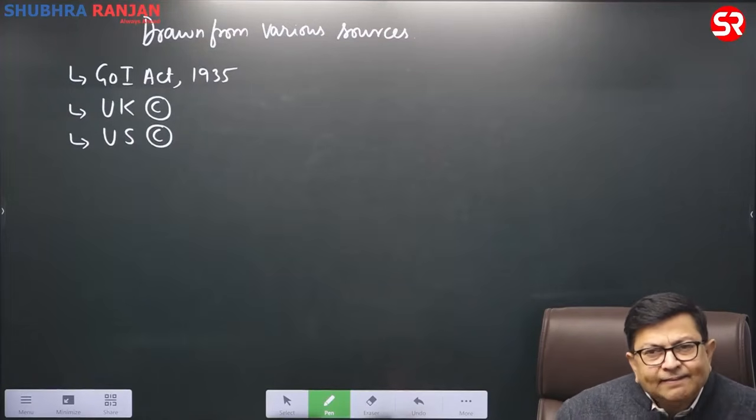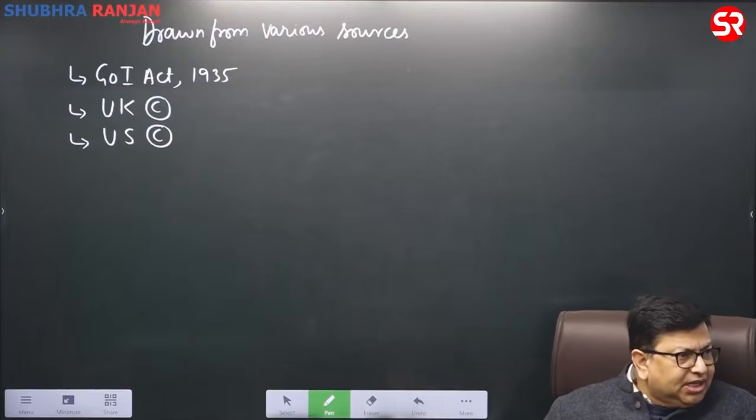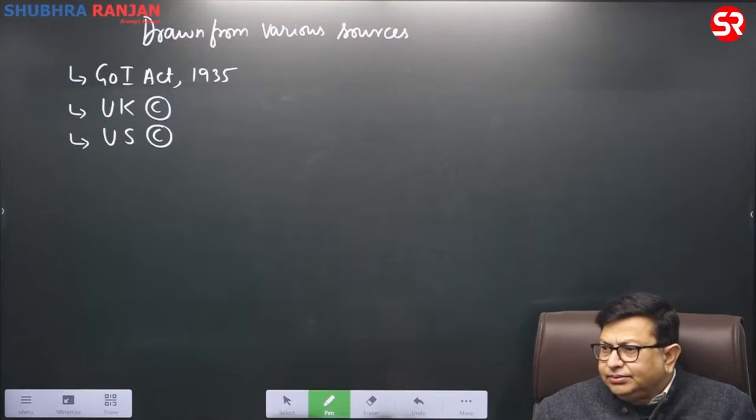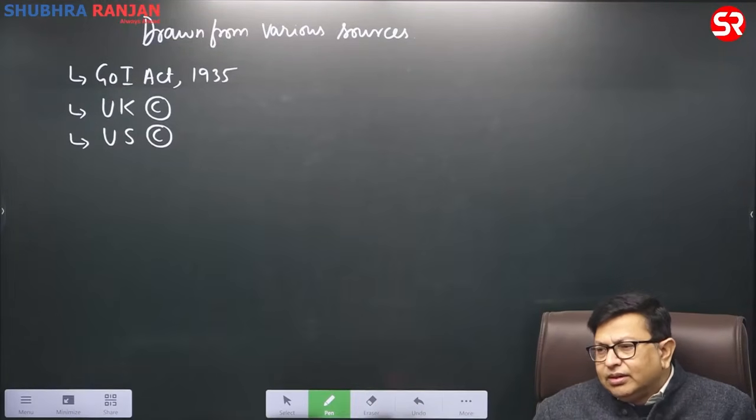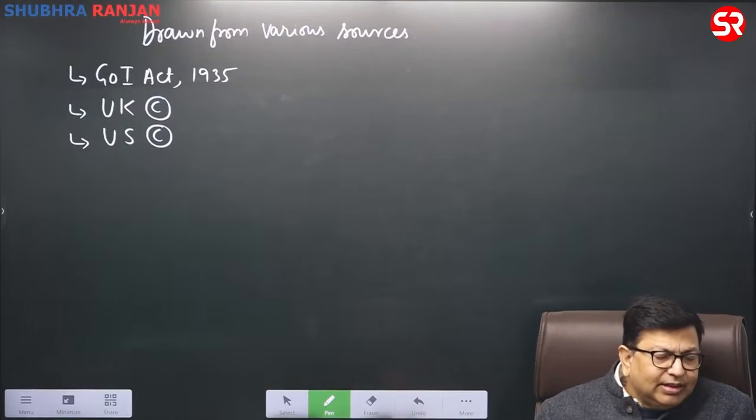Then the composition of the upper house. Composition in the sense, in bracket you can write the term of the members.